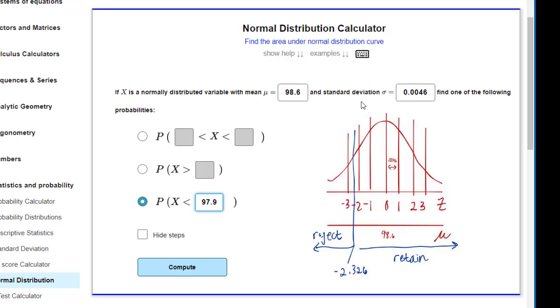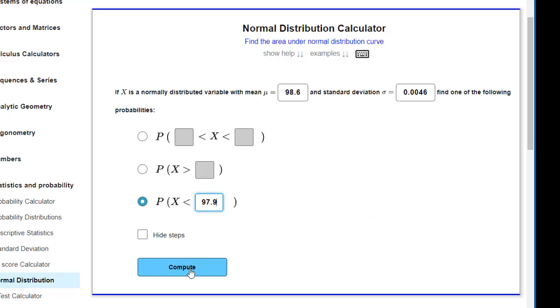And the standard error for this sample, we figured it out by taking the standard deviation of the original study and dividing that by the square root of the sample size. And so we got the standard error of that sampling distribution to be 0.0046. And we want to know, if that's the way that we've created the curve, what is the probability of getting a score that is less than 97.9?